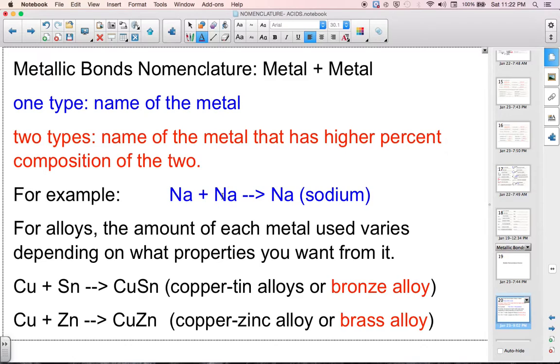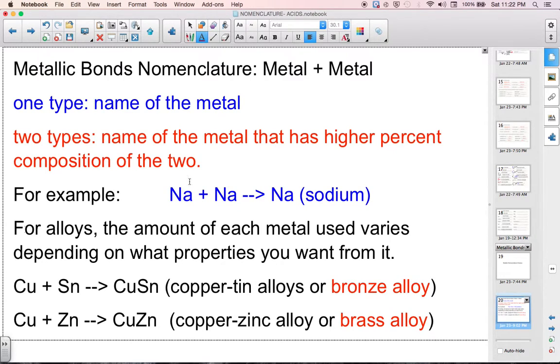So technically, they're giving each other those electrons. Sodium has 1 valence electron, and it's trying to give it, and it gives it to the next, and to the next, and to the next. So these flowing electrons allow the sodium atoms to stick together because of that.